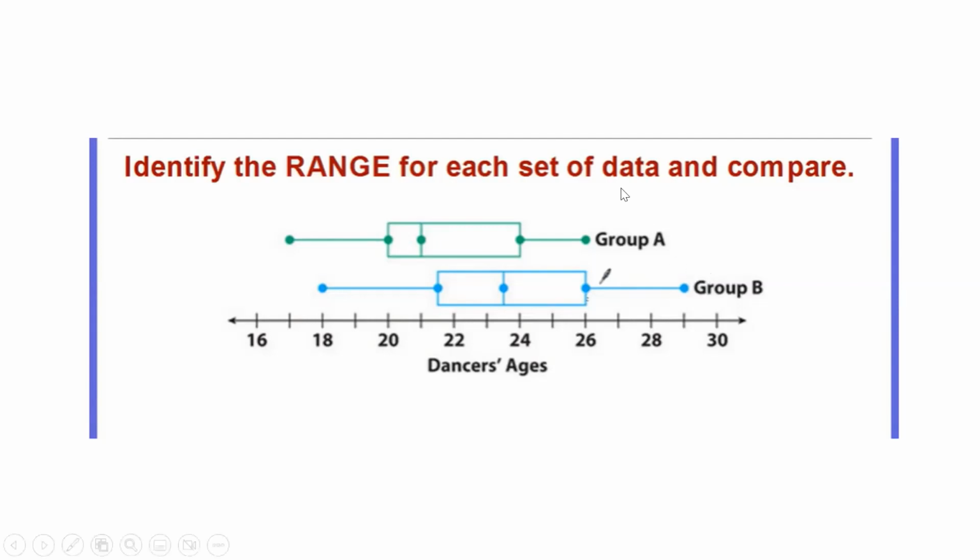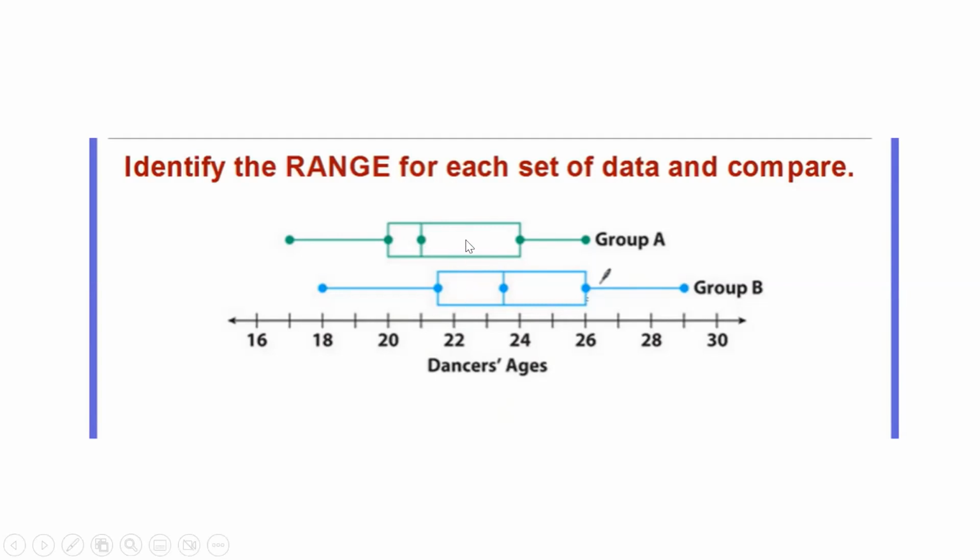You have written about the range. What else are you going to write? Those in group B are older than those in group A. How will you put it in writing? Now remember, listen to me. How many percentage is from the beginning of this box to the end? 50%. Good. So now, how will you compare this box to this box?